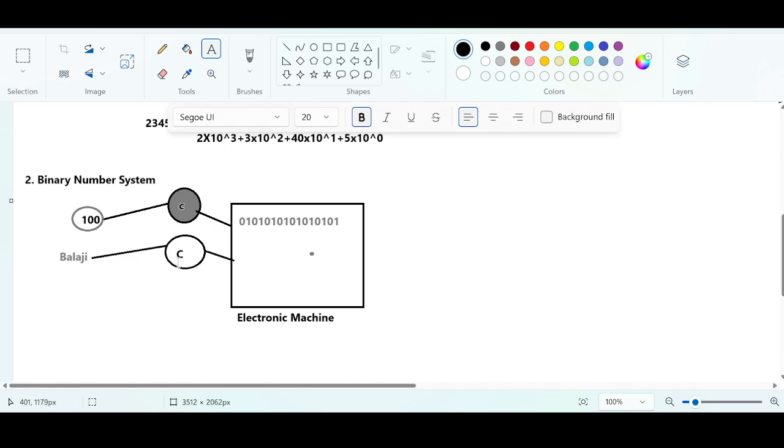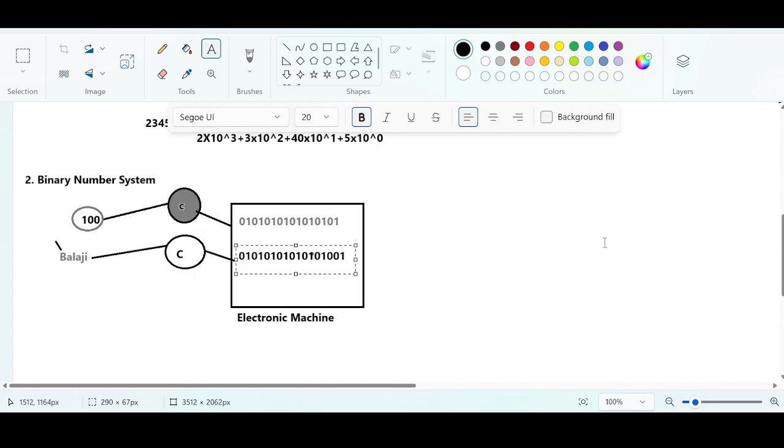Each and every letter is assigned an ASCII value, a number. So the letters will represent numbers, like 97 or 65, according to the ASCII value. Again, it will first get converted to a number, and then that number will get converted to zeros and ones.